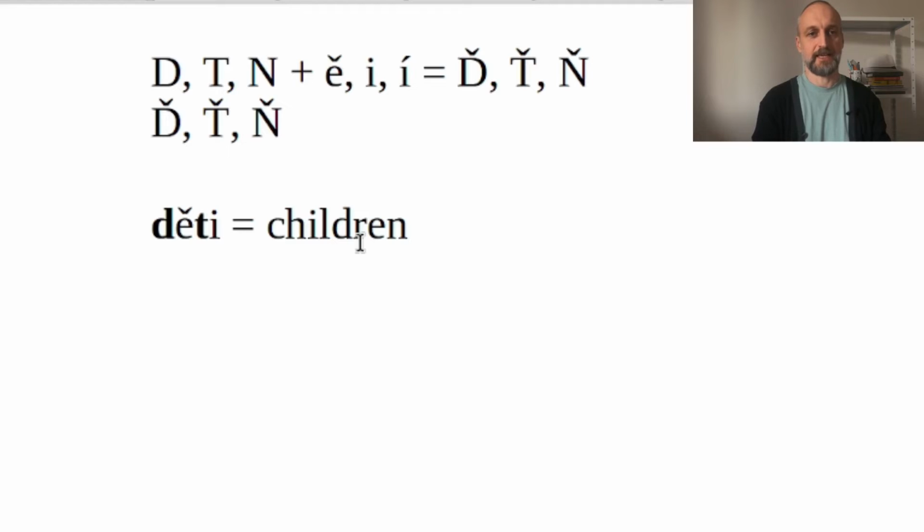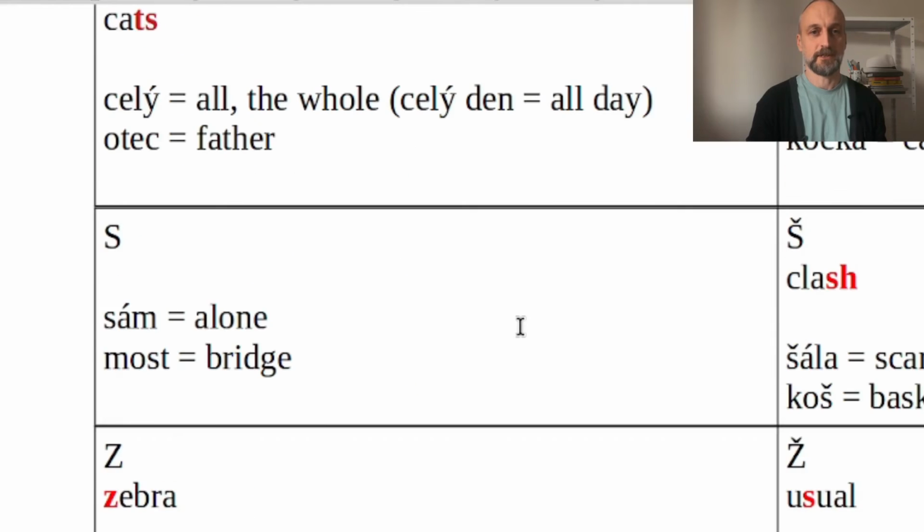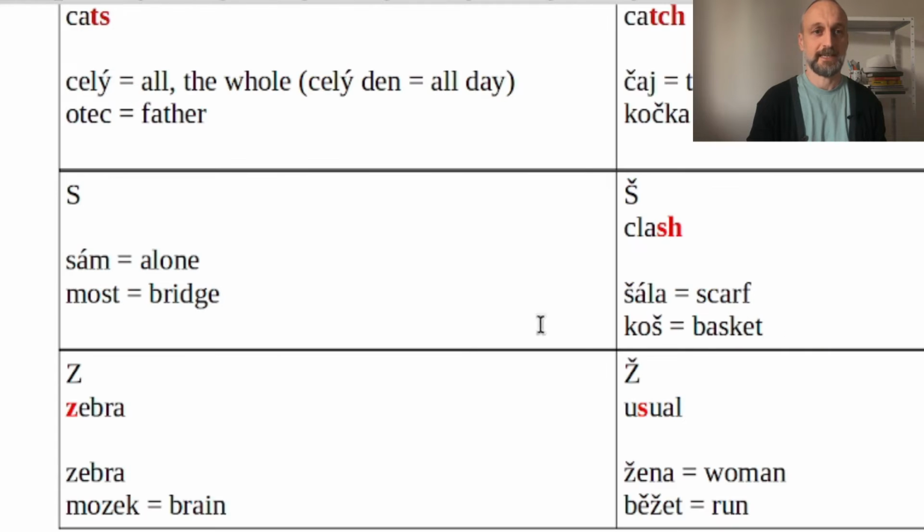And if you say this word, again, n is followed by měkké i, and t is followed by e s háčkem, and then, of course, you cannot pronounce them n, t, but ň, ť, so you get nitě, which is threads. Now, this does not apply to the consonants that we are talking about today.